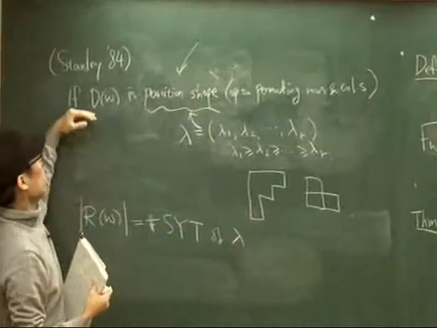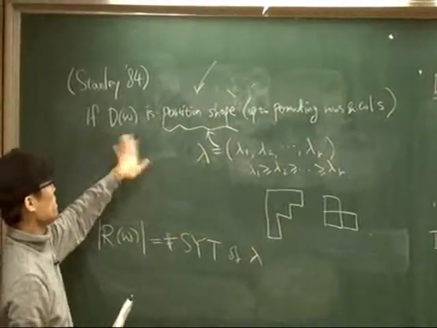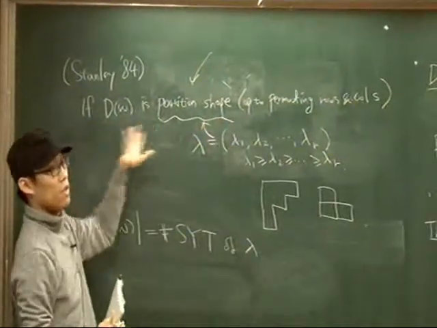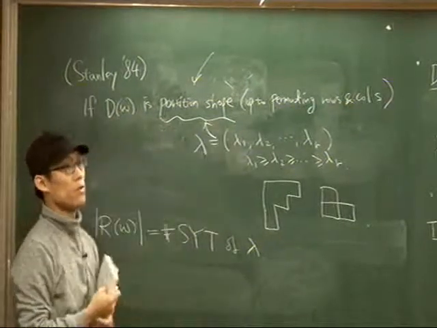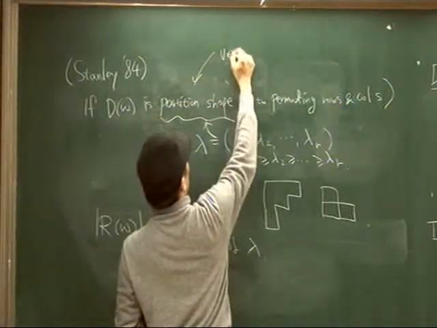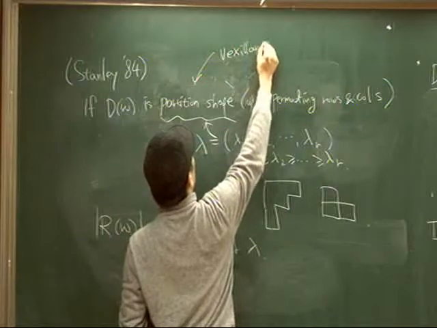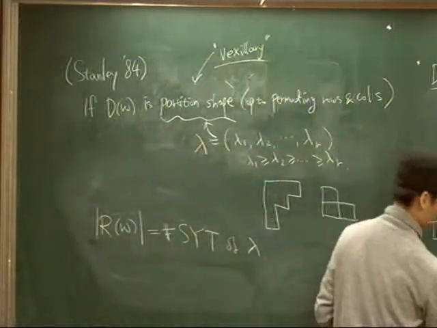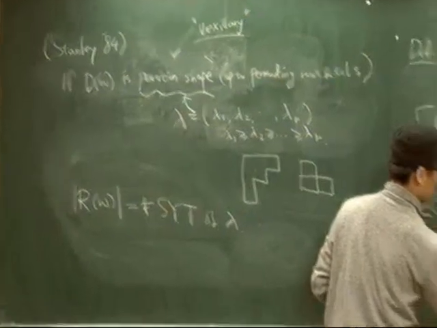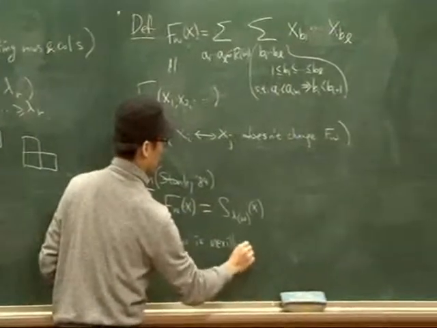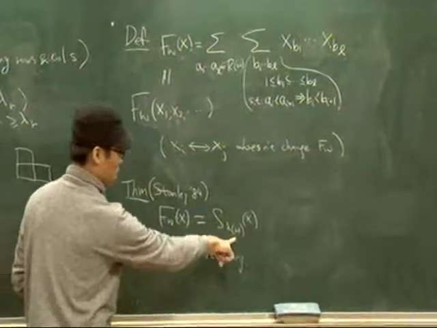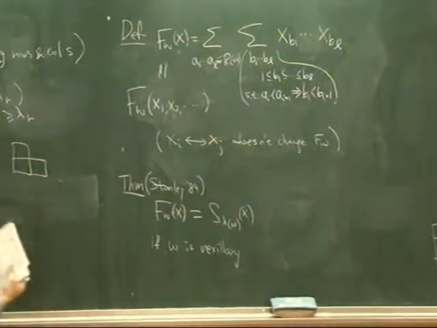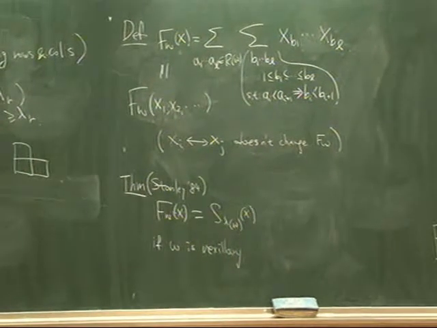We call a permutation that satisfies this condition vexillary, if the diagram D(W) is a partition shape up to permuting rows and columns. And lambda of W is the obvious partition coming from the diagram.